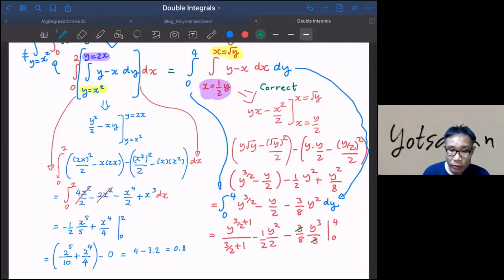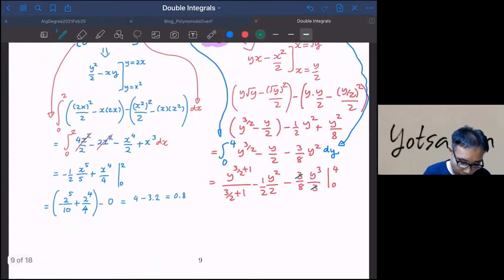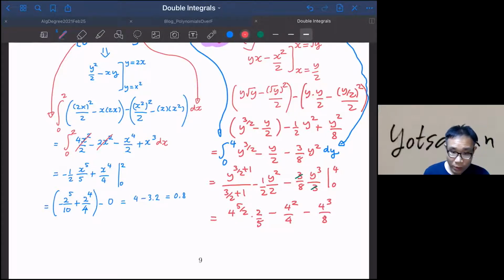For this one, it's going to be a little bit messy number. You have 4 to the 5 over 2 times 2/5, that's one term, and another term will be 4 squared over 4, and you have 4 to the third over 8. Hopefully I will get the correct answer.